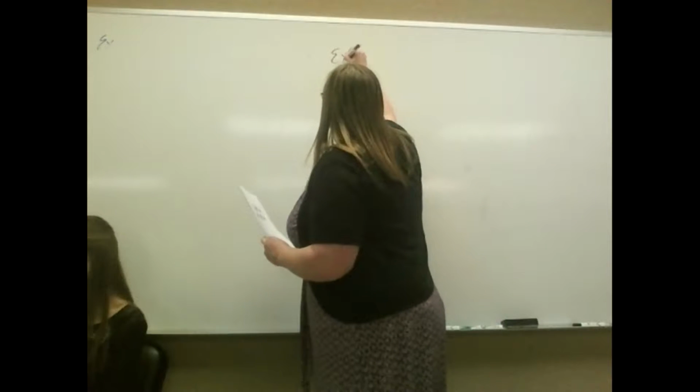All right, so you see I have 4 circles and 2 triangles. So we're going to write out a ratio of circles to triangles using the 3 methods.